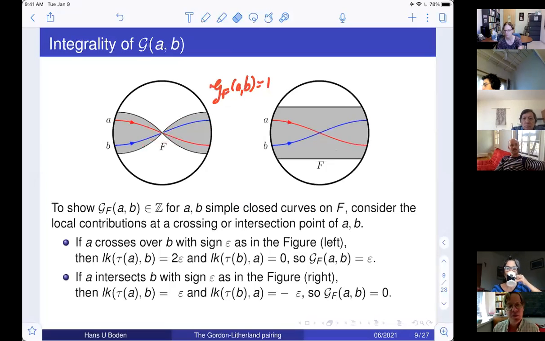And so the linking number of tau B with A is -1, and they cancel. So here, the contribution to the Gordon-Litherland pairing is 0. And since all contributions are one of these two types, possibly with B going over A, they're always integral.